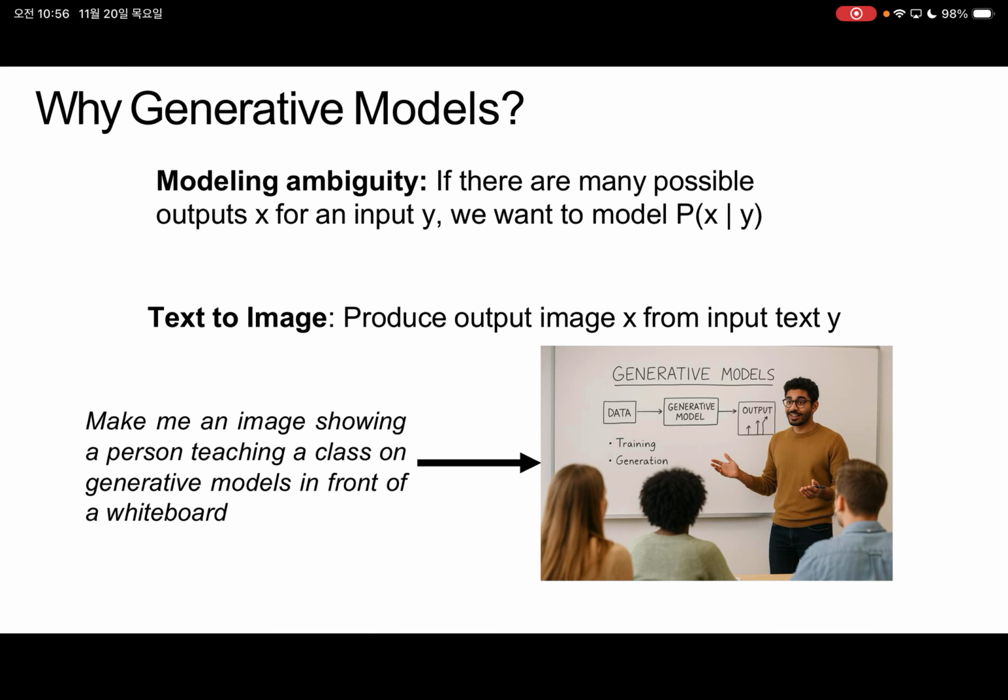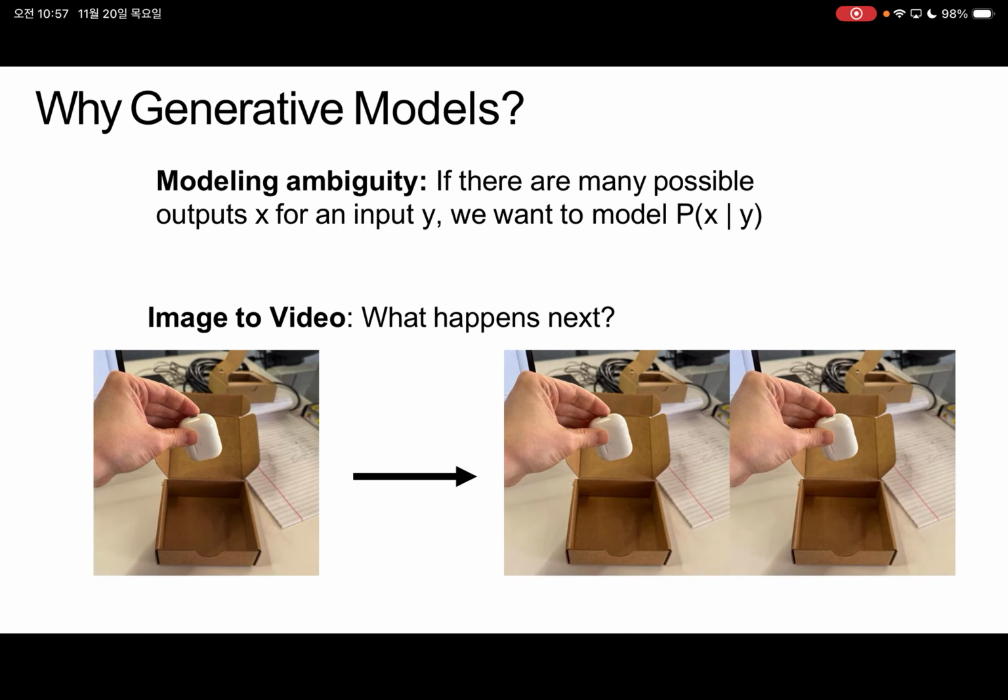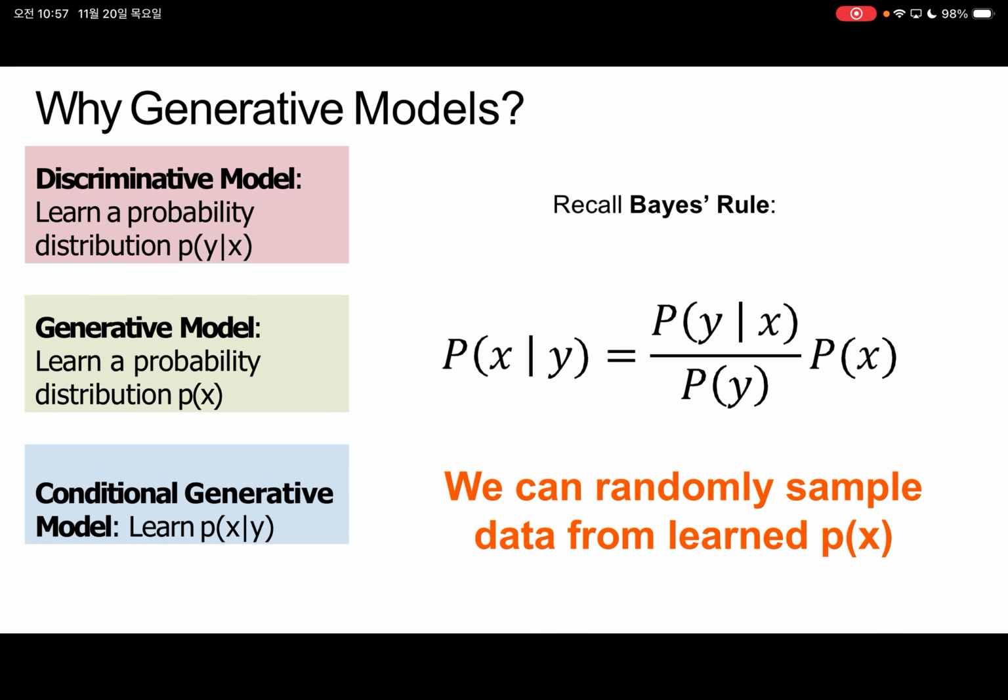Or video as well. Image to video, if we have an image, then there can be many possible videos, right? So that is ambiguity. But generative model can handle such ambiguity properly by randomly sampling data from learned p(x).